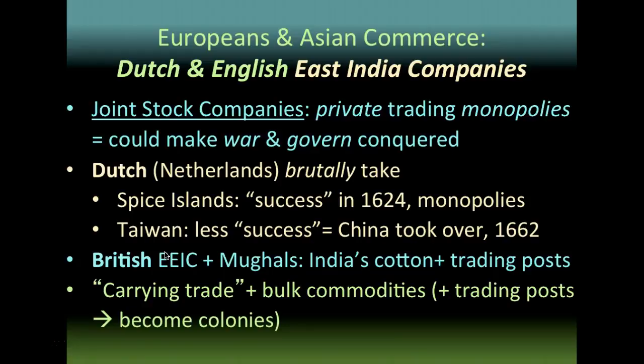And these trading posts, which again are just a place where military come to support trade, so it's merchants and their merchandise along with some armed guards, these trading posts end up becoming colonies, especially after the 1700s.